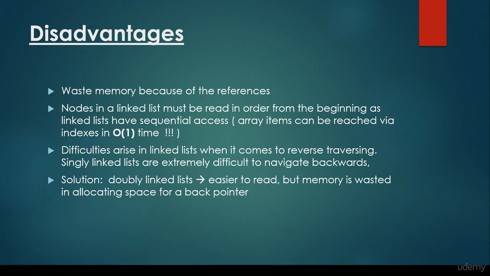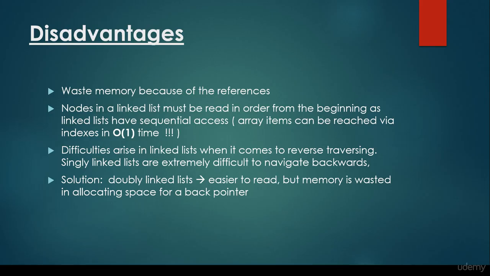Difficulties arise in linked lists when it comes to reverse traversing. Singly linked lists are extremely difficult to navigate backwards, and the solution is the doubly linked list, where we store a reference to the next node and a reference to the previous node. It is easier to read, but memory is wasted in allocating space for a back pointer.